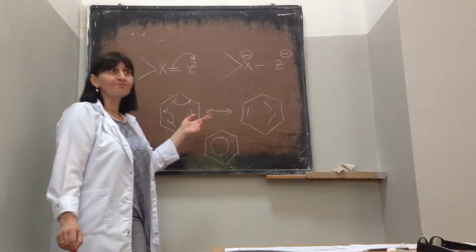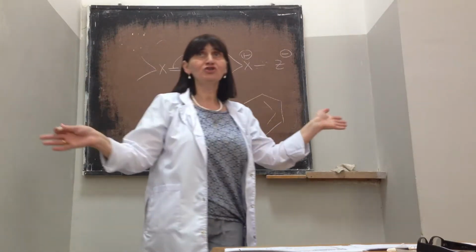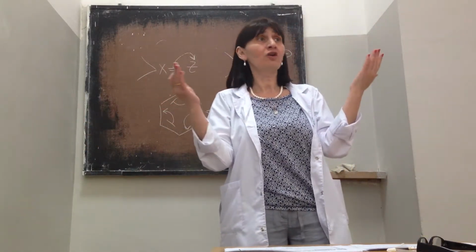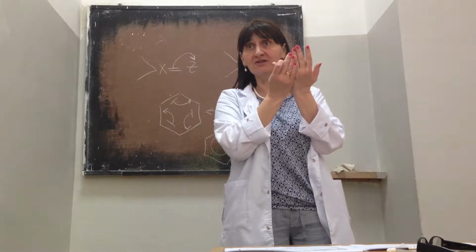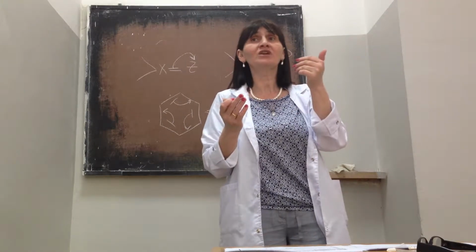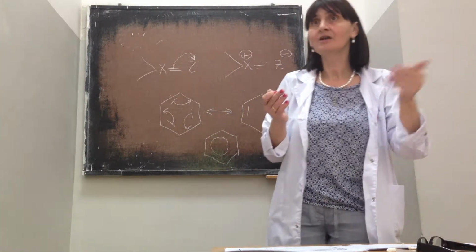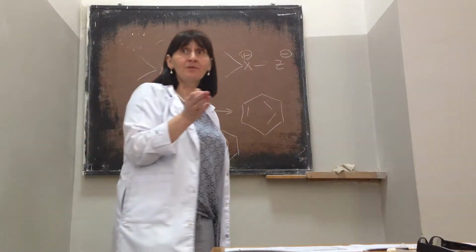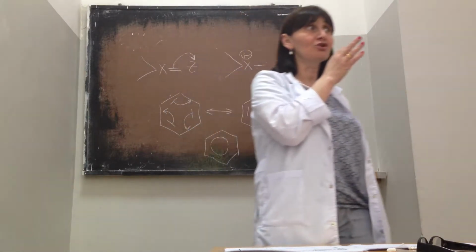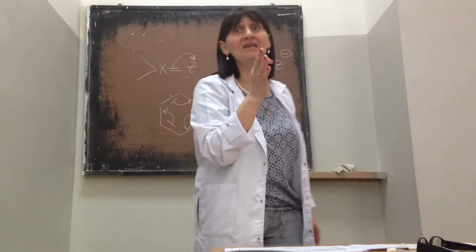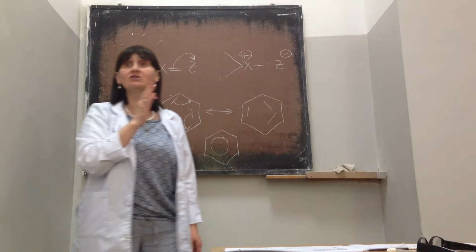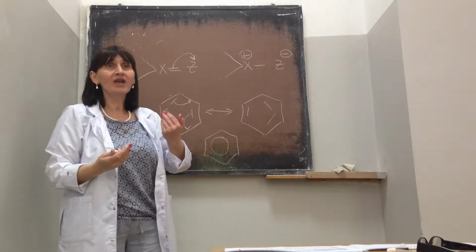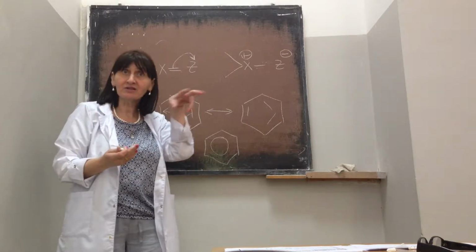If you have an open chain molecule with two double bonds, you have 4 electrons which overlap each other, like in 1,3-butadiene or 1,3-pentadiene. But in this case, because you have 6 carbon atoms, all in the sp2 hybrid state, all of them have 6 p atomic orbitals which overlap, and you get a pi system, not separate double and single bonds.